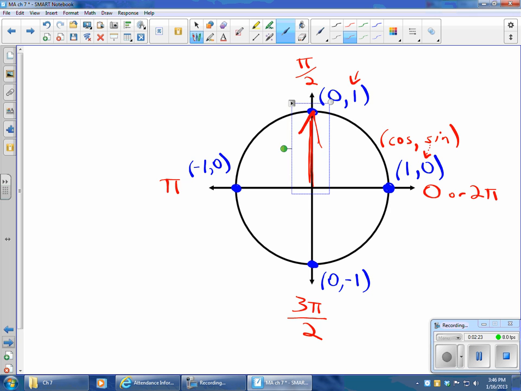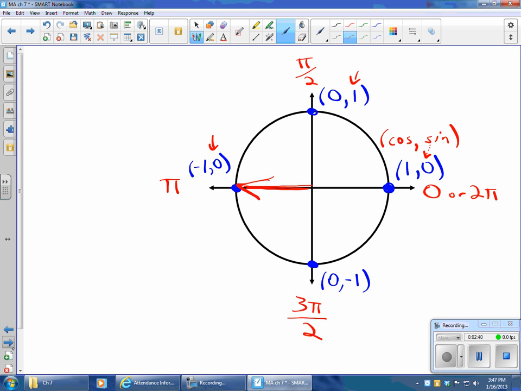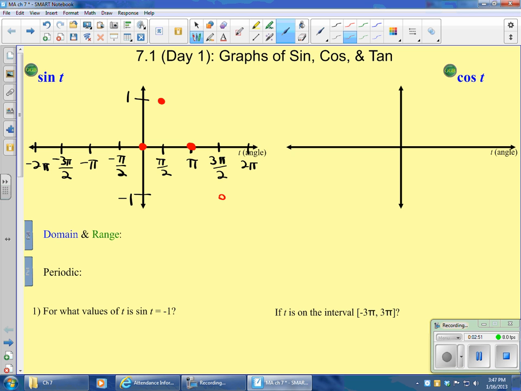At pi radians, the sine goes back to 0. So at pi radians, I'm back at 0 for the value. And then at 3 pi over 2, the sine goes down to negative 1. So at 3 pi over 2, I'm at negative 1, so I put a dot there. And then 2 pi is the same as 0, so it's going to be right back there.